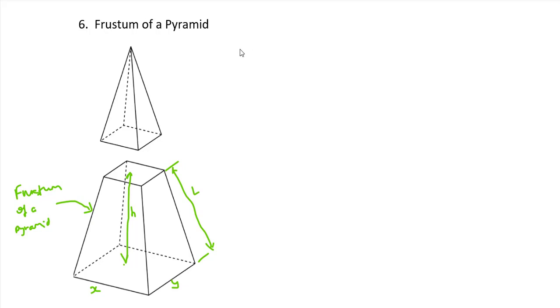So let us see what is the formula for total surface area. Total surface area in case of frustum of a pyramid will consist of the area of the two bases, area of base 1 plus area of base 2 plus the slant surface area.